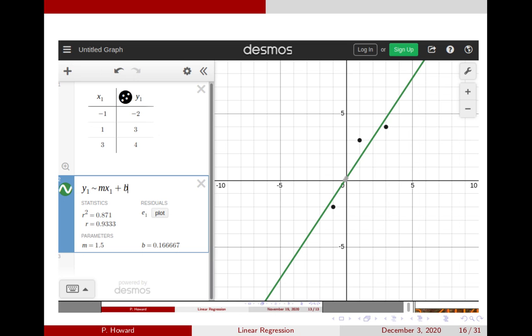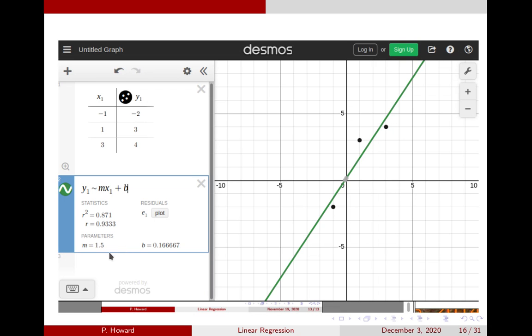And here is the screenshot after doing all of that. I have entered the numbers in the Desmos table. In the second calculation box, I have typed y1 tilde mx1 plus b. And now, appearing in this box are several numbers.